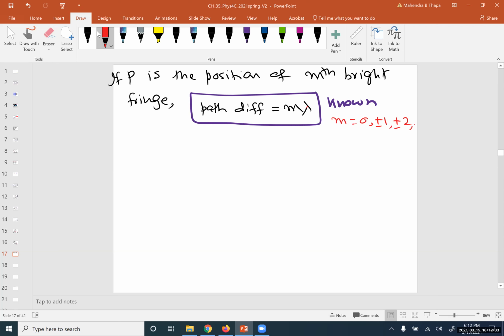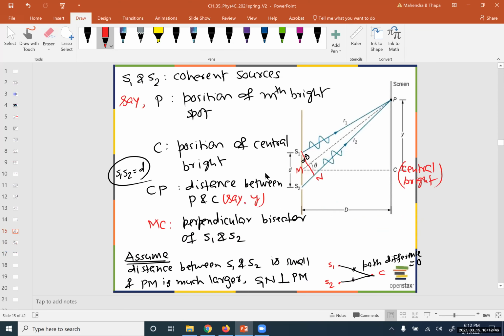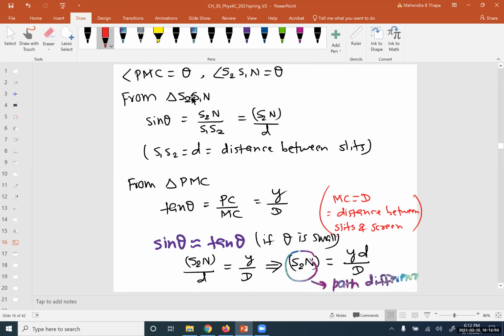So this means I can equate two things. The path difference from this picture, and from this equation, S2n, which is the path difference, is d sine theta.